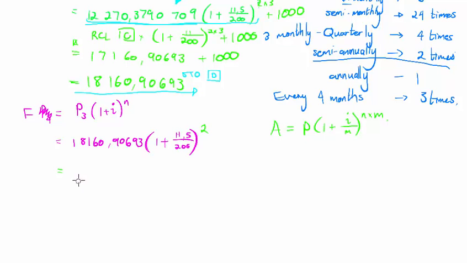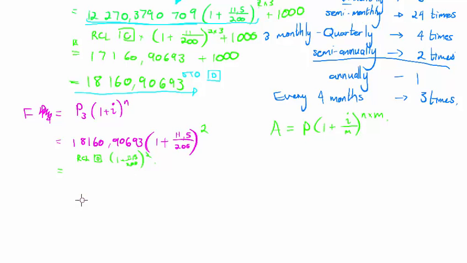And then we got our final answer, which is something like 20,000 and something. 20,007 or 20,270, something like that. Okay, so we'll press recall D times 1 plus 11.5 over 200 to the power of 2.